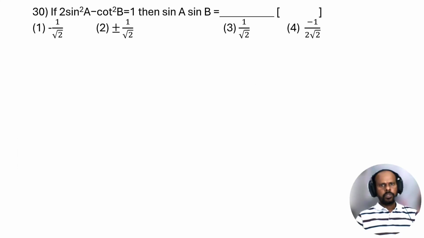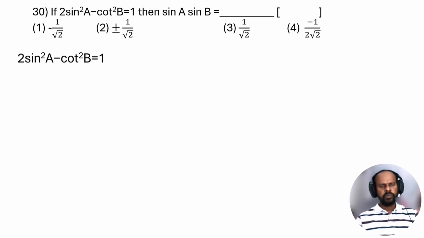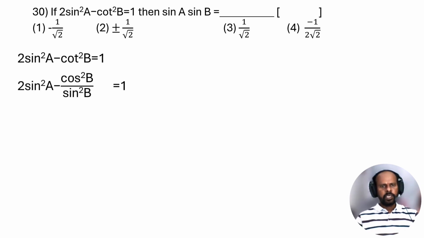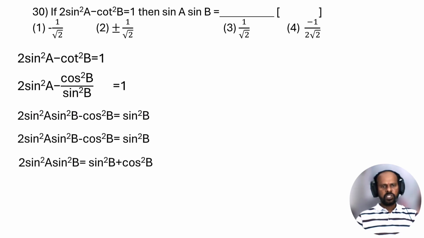So what is given in the question, you see: 2 sin square a minus cot square b equal to 1 is given. So here cot I am writing as cos by sin. The cot ratio can be written as cos by sin. And here if you multiply, sin square a and sin square b will be multiplied, and the denominator sin square b will multiply with 1. So this term becomes like this, and minus cos square b, let us take this side, minus cos becomes plus cos.